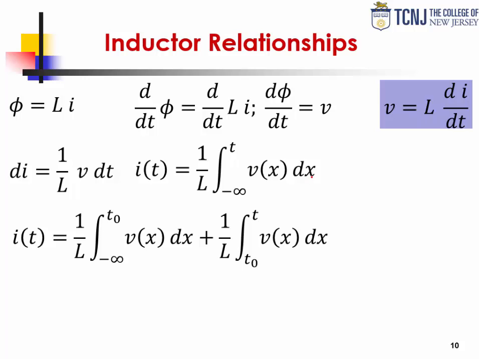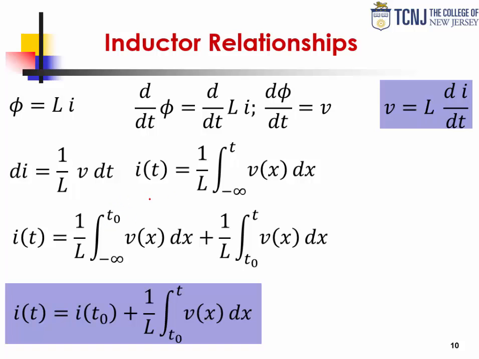If we know the current that was flowing through the inductor at time 0, we can know that the current at any given time is going to be that initial current plus the integral of the voltage from that time at which we started observing the voltage, that integral, times 1 over L.